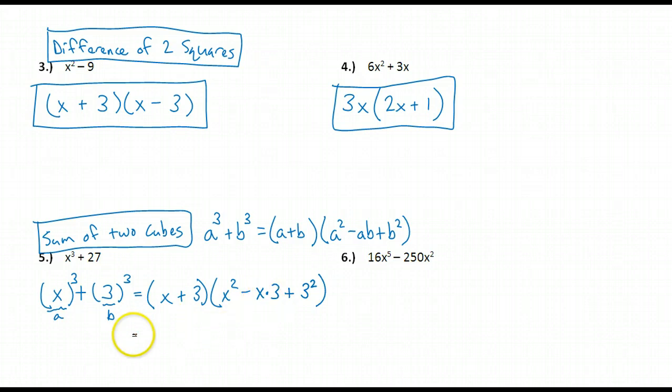Now I'm going to do that math. x plus 3 times x squared minus 3x plus 9. So I can factor x cubed plus 27 using the sum of two cubes formula.